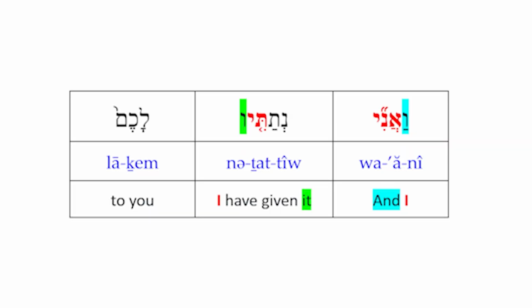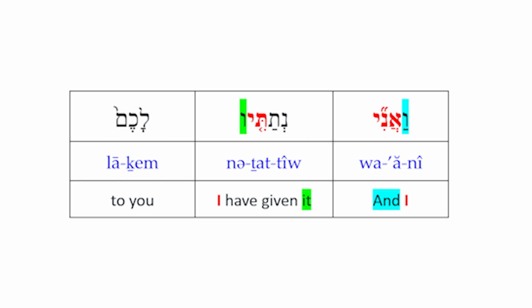The clause begins with a conjunction and, followed by the independent personal pronoun ani, which means I. Next is the verb to give with the sufformative I, and then the suffix it. So the one word means I have given it. The last word means to you.